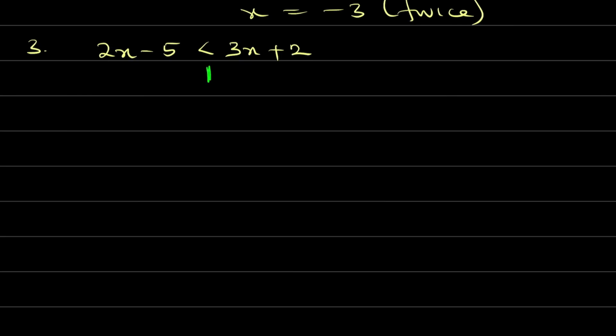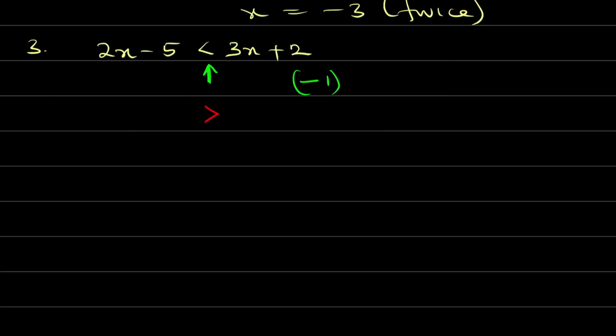First of all, because of the sign in the middle, we can easily tell that this is an inequality, and when solving inequality, you must be careful of one particular rule that says when dividing or multiplying both sides of an inequality by a negative sign, for instance minus 1, you must change the direction of the inequality. It is less than, it will now be greater than. If it was less than or equal to, it will now be greater than or equal to.